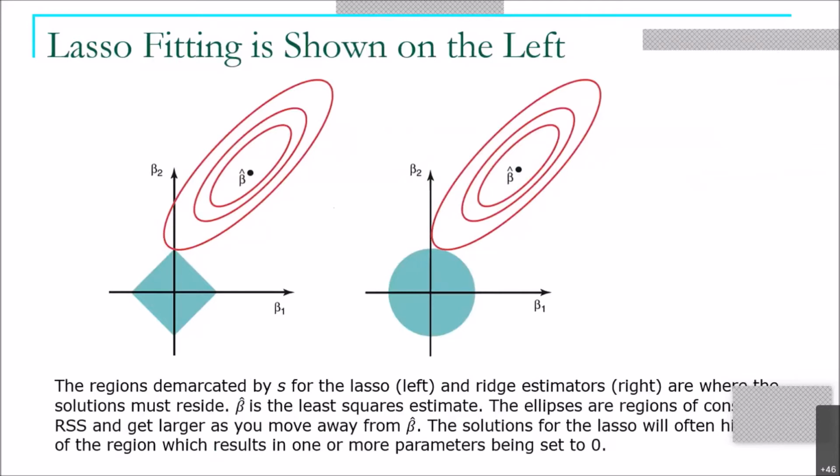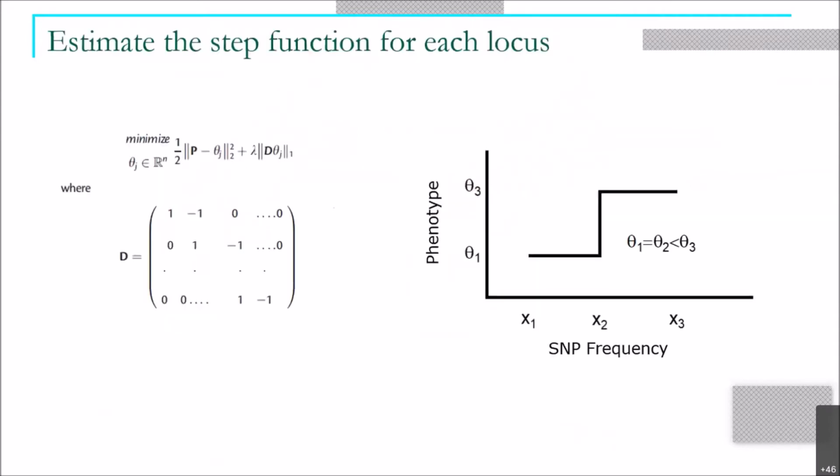And that spikiness enables us to include some variables and exclude other variables. So that's for those of you who are like me and like to think in terms of geometrical topology. Now let's go back to a more algebraic formulation.